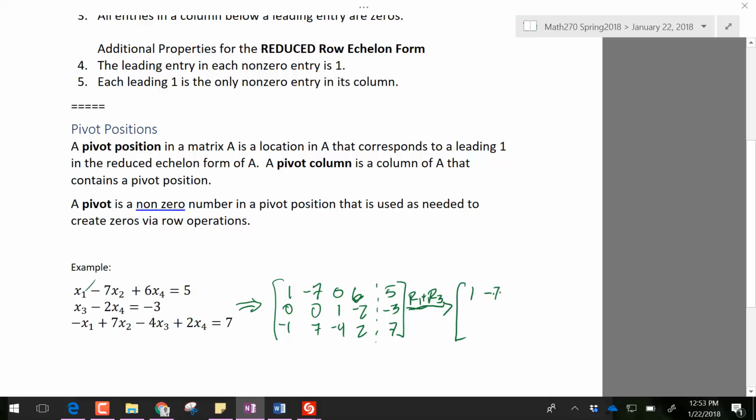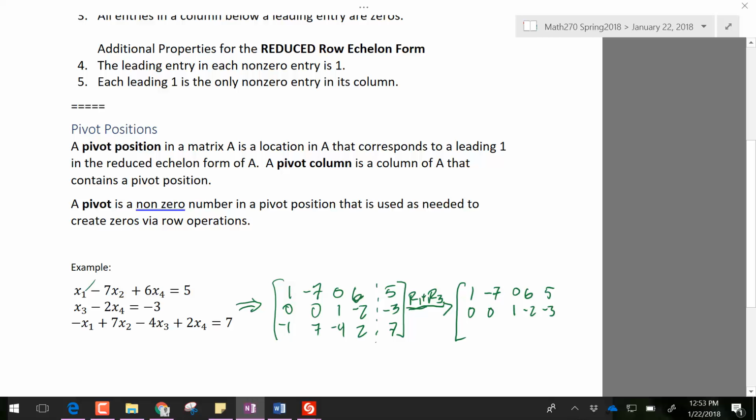So we have 1, -7, 0, 6, and 5 for the first row. That's not going to change. 0, 0, 1, -2, and -3 for the second row. That's not going to change. And then now I have my third row that will change, and it'll change by adding the first row to that third row.